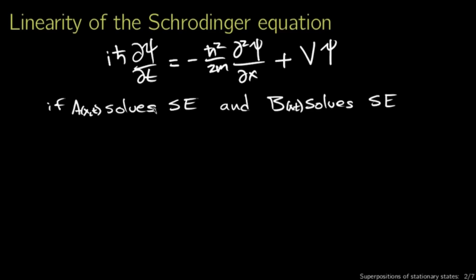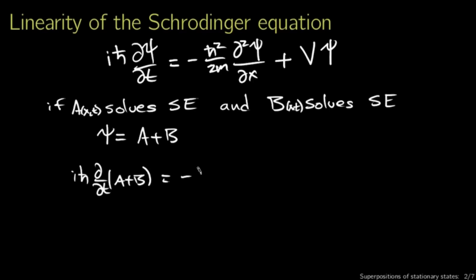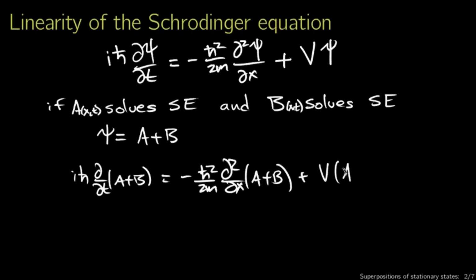And we can see that pretty easily. Let's substitute psi equals A plus B into this equation. The first step: i h bar, partial derivative with respect to time of A plus B, is equal to minus h bar squared over 2m, second partial derivative with respect to space of A plus B, plus the potential V times A plus B.